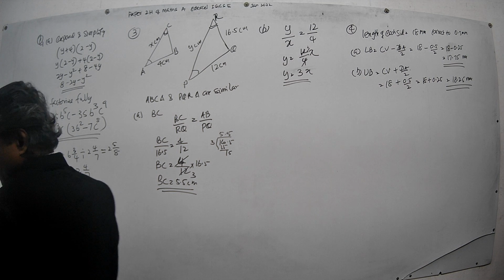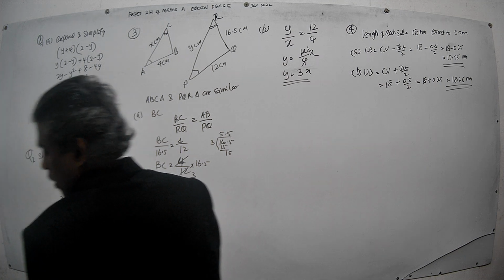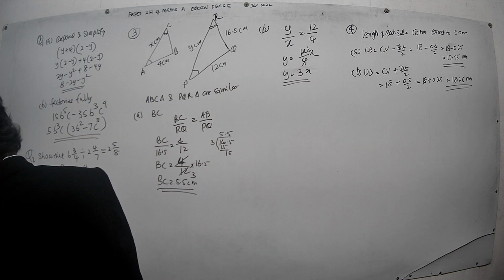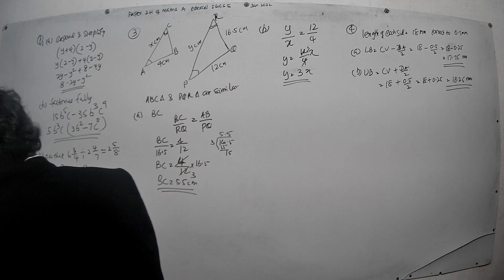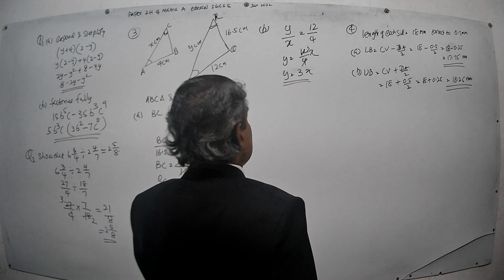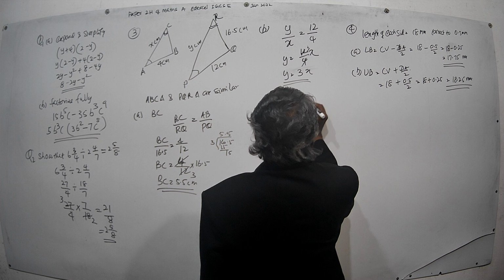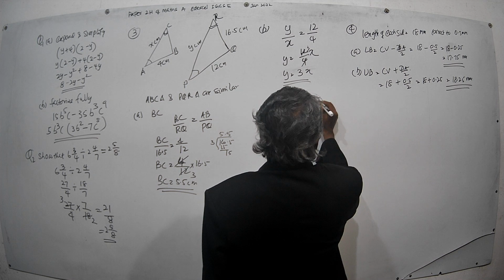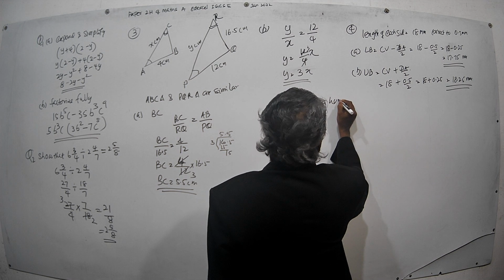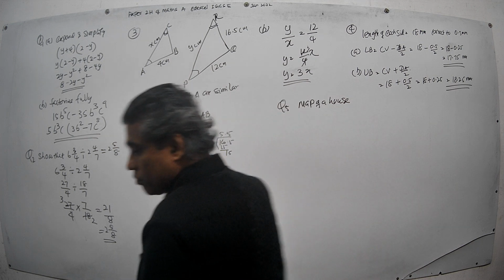Now question 5. The scale diagram shows the positions on the map of a house. A map of a house is given.